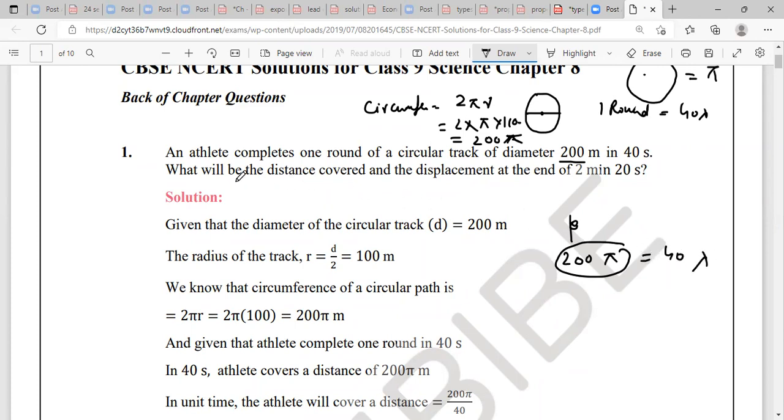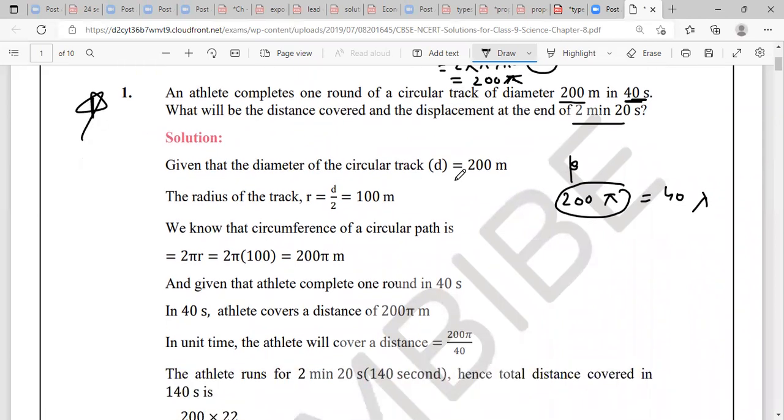Now, what will be the distance covered and the displacement at the end of 2 minutes 20 seconds? He is completing this in 40 seconds. If the time is 2 minutes 20 seconds, how much distance will he cover? This is a very important question. You can get this question in your exam.